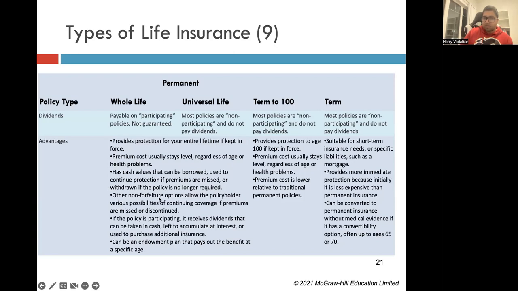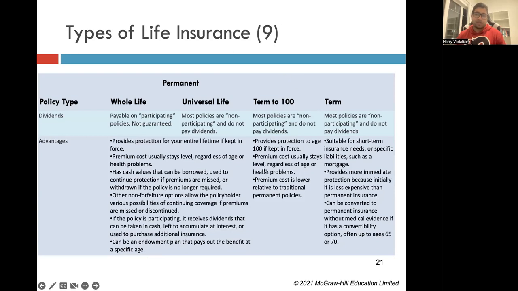Other non-forfeiture options allow policyholders various possibilities of continuing coverage if the premiums are missed or discontinued. If the policy is participating, it receives dividends that can be taken in cash, left to accumulate at interest, or used to purchase additional insurance. It can be an endowment plan that pays out a benefit at a specific age.